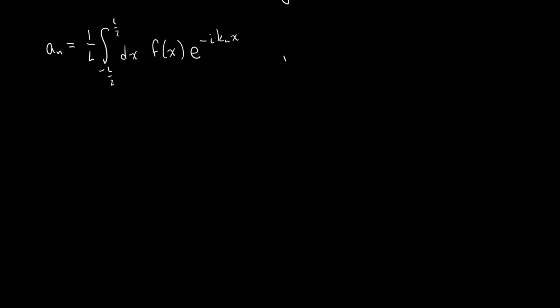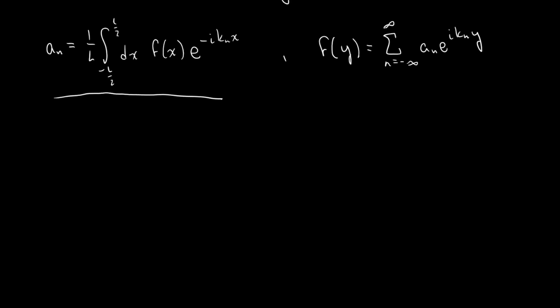But we also know that we can write f of y as the sum, and this is going to seem like, well, yeah, you already told us this, but there's a method to the madness. Again, I'm just writing out this Fourier series again with a new variable y. So in this equation here, I'm going to multiply both sides by e to the i k y and just sum over n.